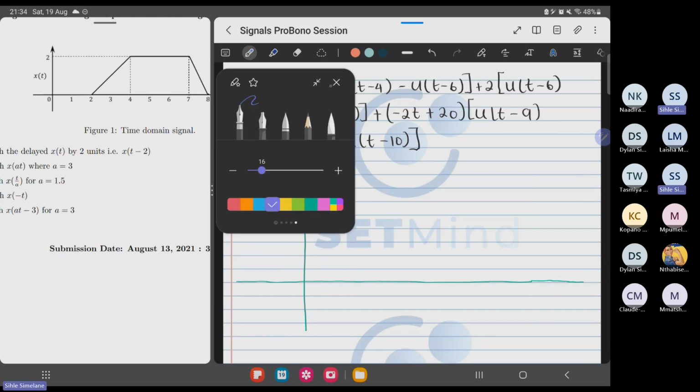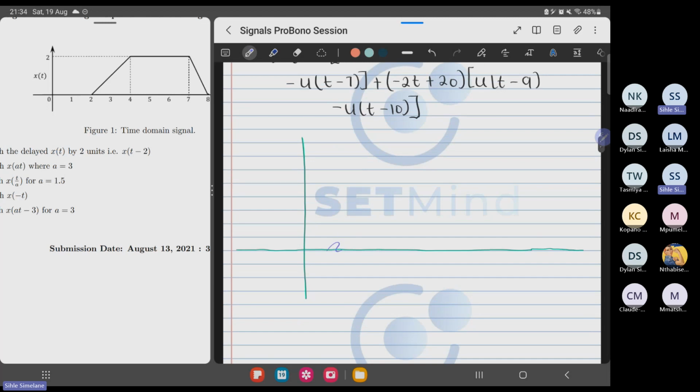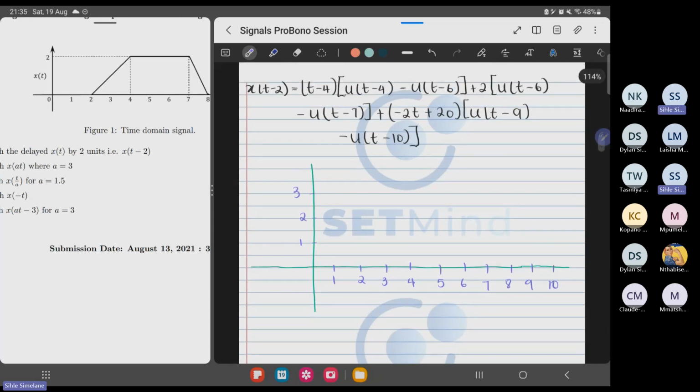So I'll draw my, let's say we have a 1 here, a 2, a 3, a 4, a 5, 6, 7, 8, 9, and a 10 there. And then here, I'm just going to have a 1 and a 2 there. And maybe a 3.